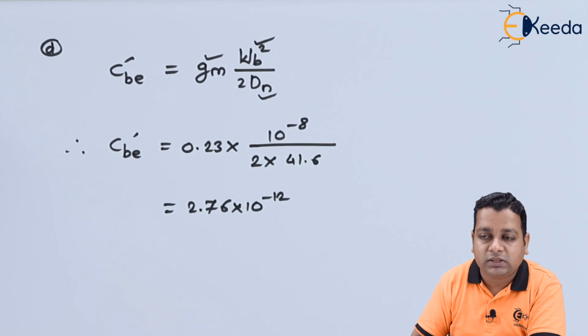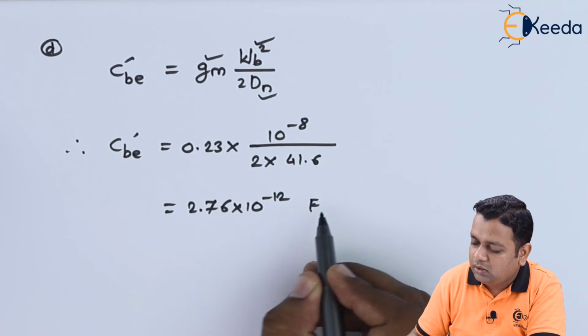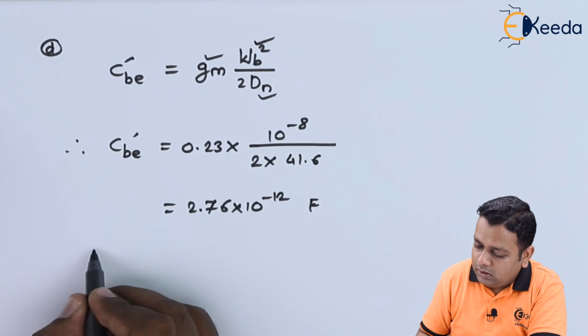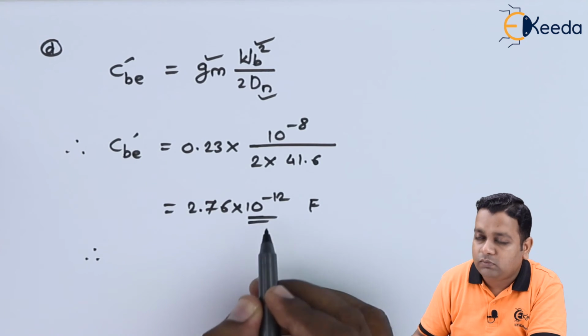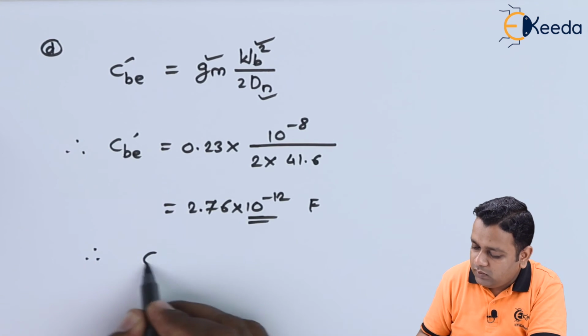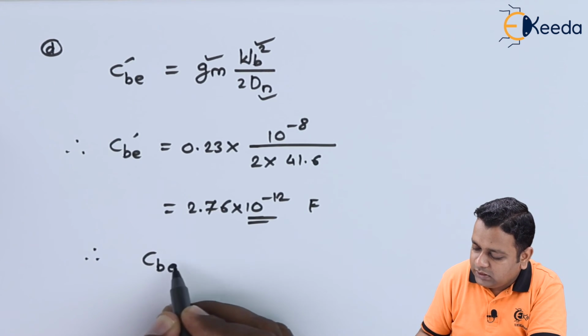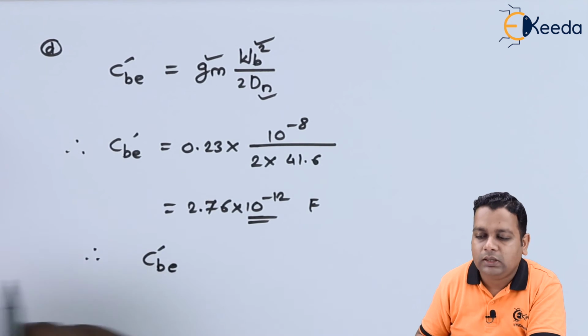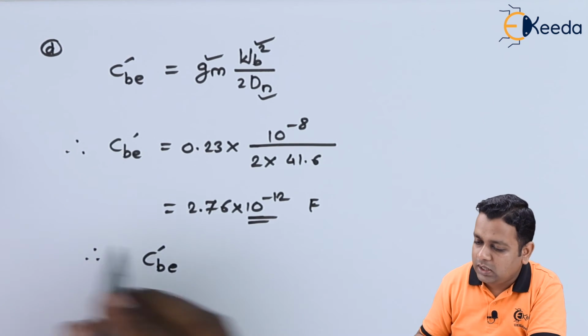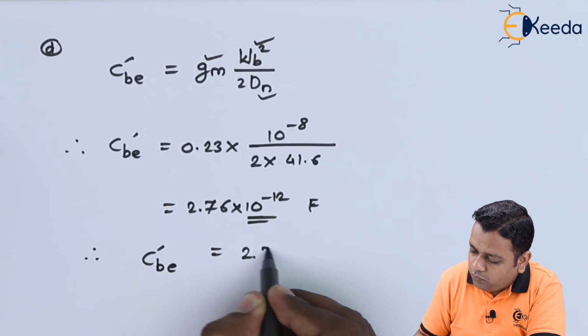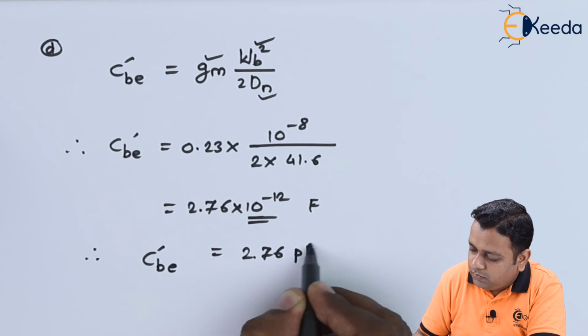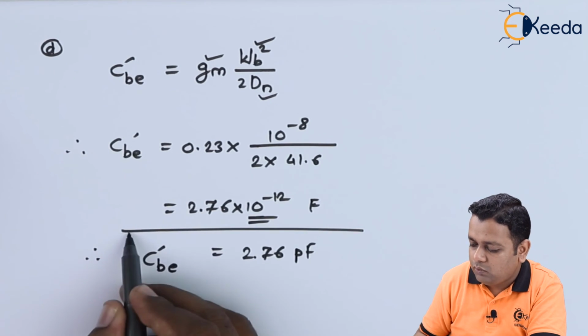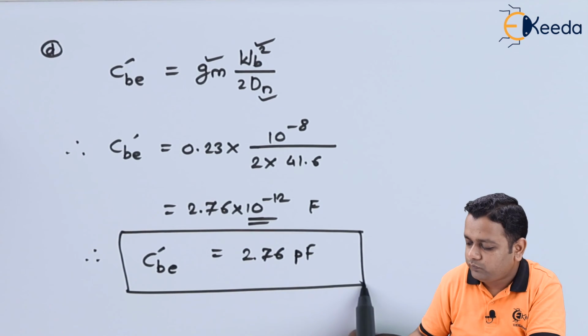As this is the capacitance value, we must express it in terms of farads here, or we can absorb this multiplication so that we can write C suffix BE dash, that is the diffusion capacitance, is equal to 2.76 picofarad here. So I outline this particular answer.